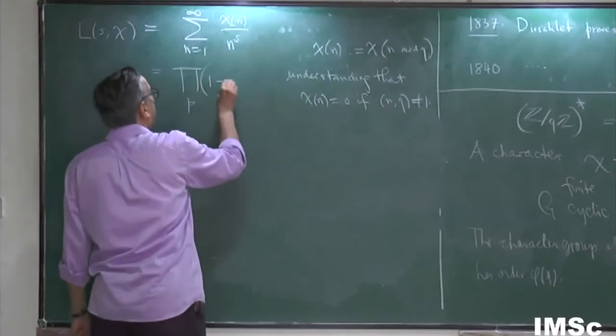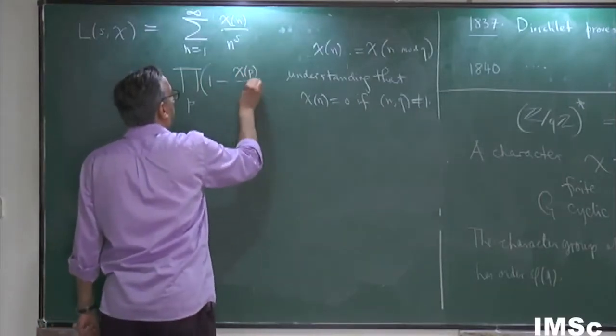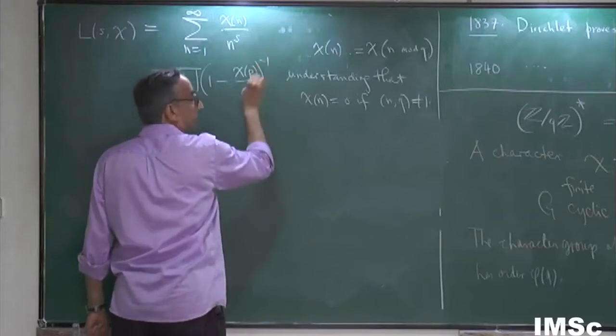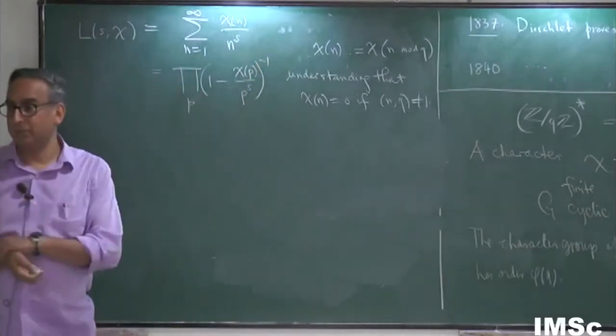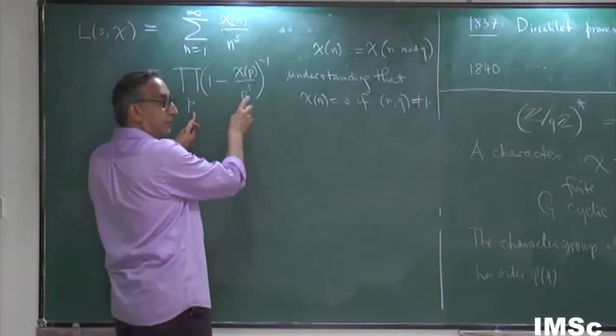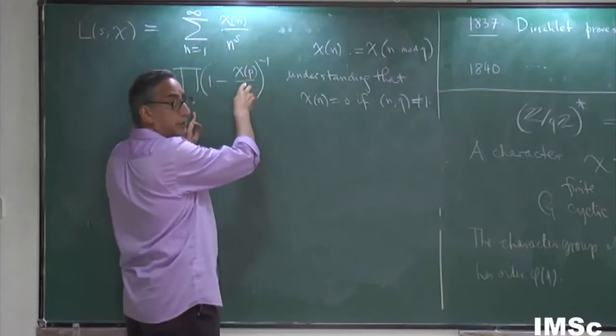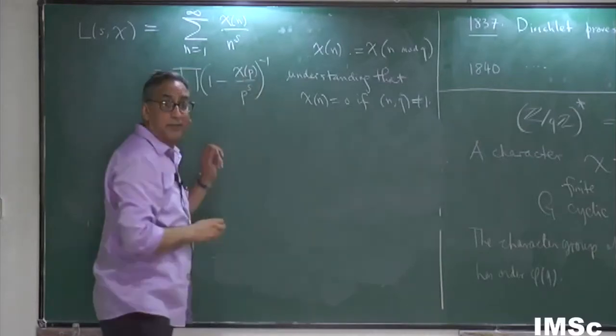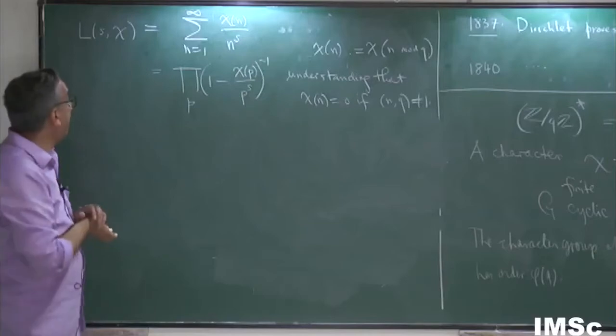So you can write it as an Euler product with a geometric series, and now it's all old hat. The geometric series can be summed, and there you are, right? That's the answer. So it has a nice Euler factor, Euler product, similar to the zeta function, except now I've got this character value stuck there, okay?